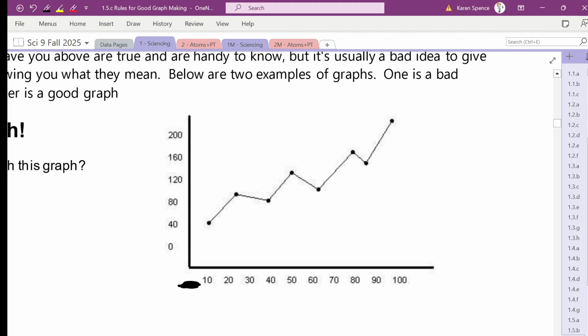Connect the dots. That's wrong. Yeah. No connect dots. Why is it jumping in 40? What else? There's no labels.